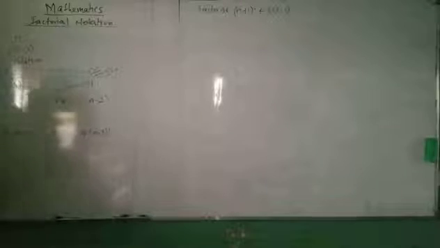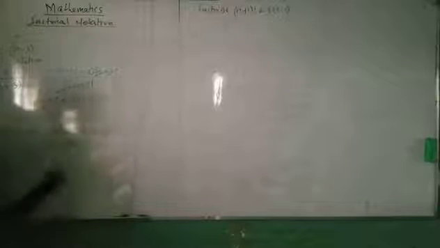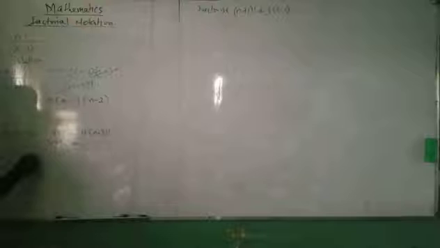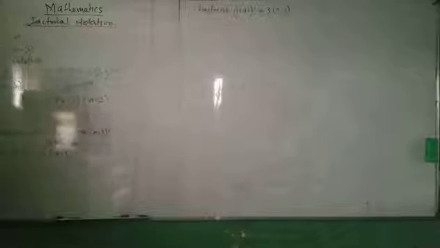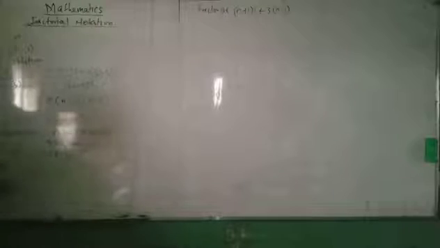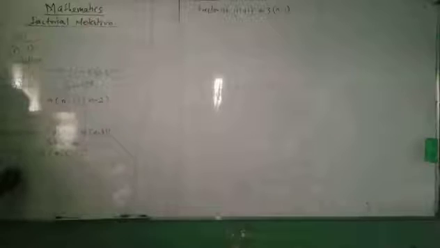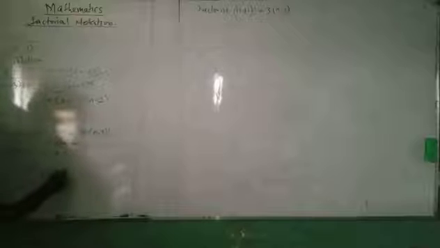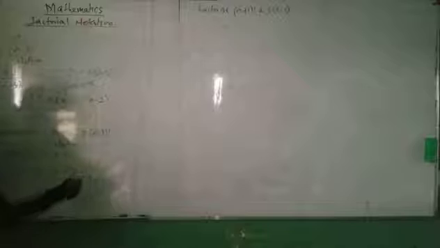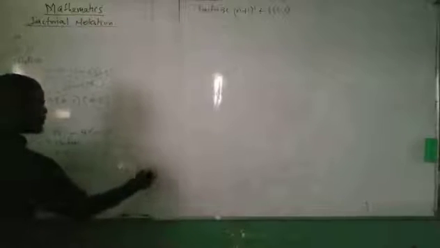Now, the next thing you need to work on is this one, solution to this one. Now, I have n factorial minus 4 bracket of n minus 3 factorial. Now, when I have something like this, you need to think of, this is n, this is minus 3. It means I'll be having n bracket of n minus 1, n minus 2, and n minus 3, all in factorial, and it will be minus 4 bracket of n minus 3 factorial.